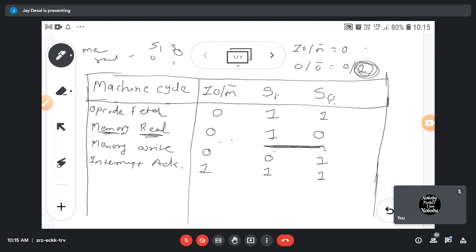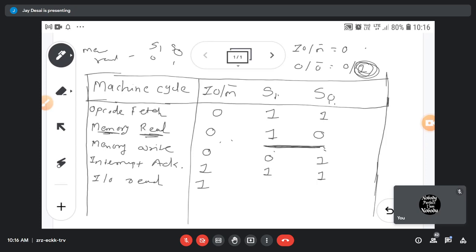Okay, next one is input output read. Now there is a reading operation related with the input output devices, not with the memory devices. We do not perform the reading operation with the memory device. With whom? With the input output device. So what over IO/M bar? 1. It is 1.